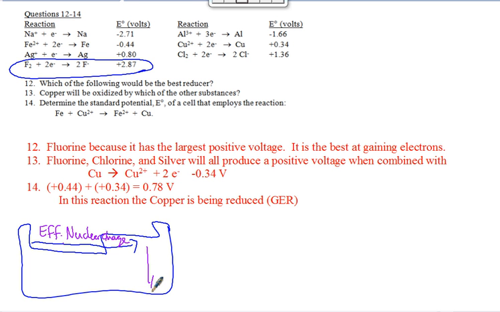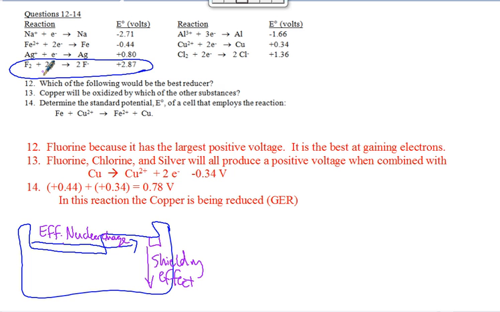As we go down the periodic table, we're getting extra layers of electrons, so we're increasing in shielding effect. So which element is ridiculously small in terms of shielding effect? That would be fluorine. Which element has a very high effective nuclear charge? That would be fluorine. It doesn't have a full valence shell yet, so of all the elements, it is the smallest and the strongest, which also is backed up by the extremely positive voltage value we have here.